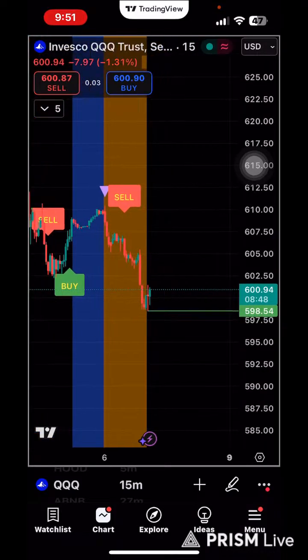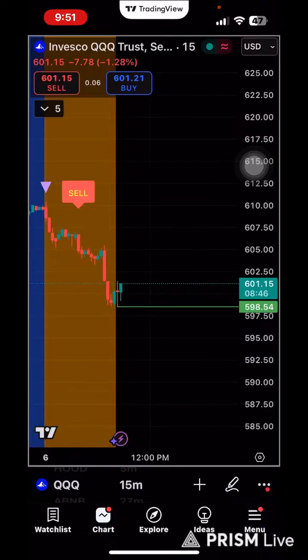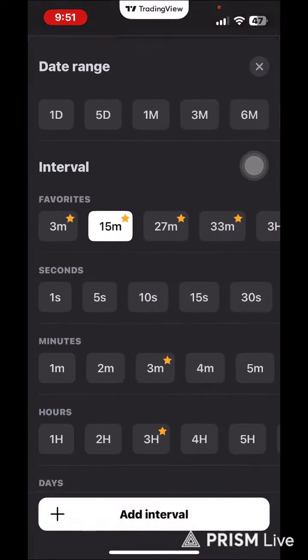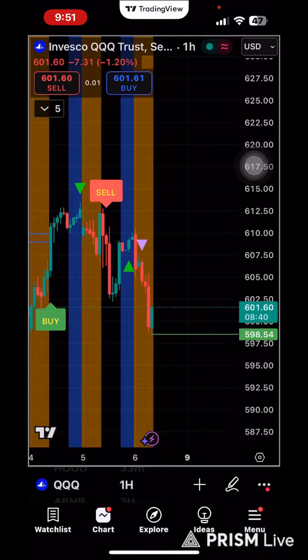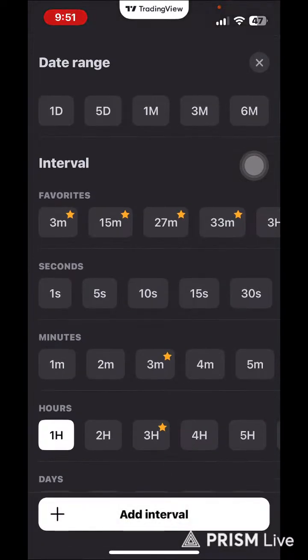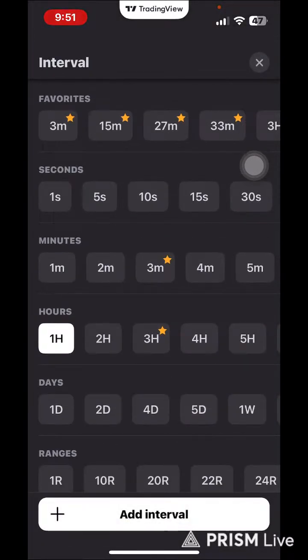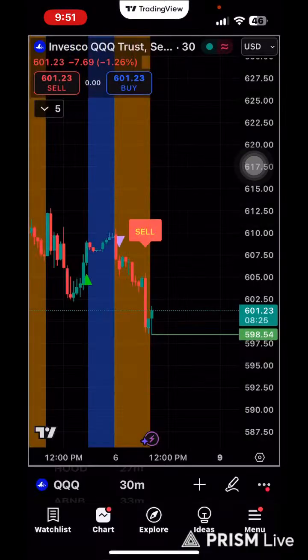See, you got this 15 sell. Because sells on the higher time frames always win out, and you've got a sell on 1 hour, a sell on 30 minute, and a sell on 15 minute. So we're literally just waiting for the 5 minutes to flip, and then you have alignment on all your time frames. So that's why I wouldn't take it.